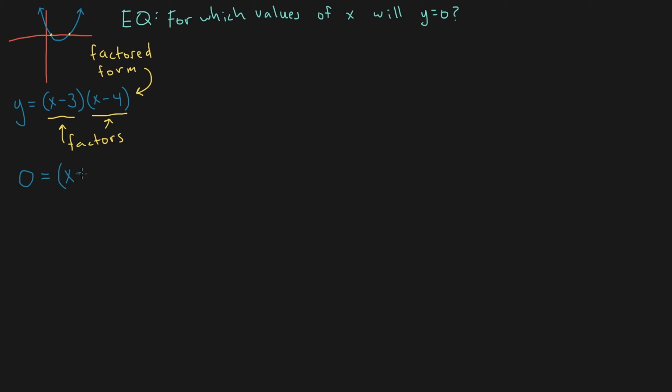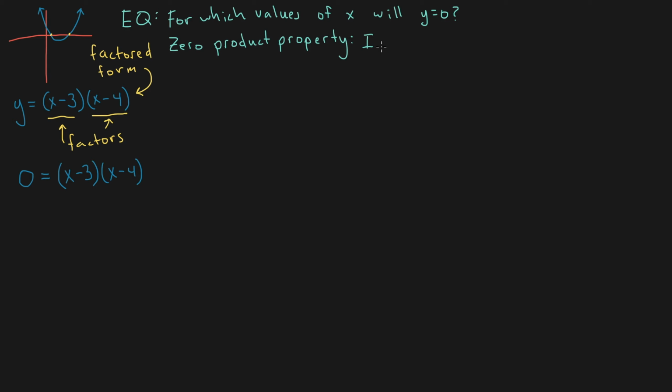And so now we have 0 is equal to x subtract 3 times x subtract 4. So now there's something called the zero product property. I'll write that up here, the zero product property. And the zero product property states that if you multiply two things together and their product, or the result, is 0, then one of the things that you're multiplying together must be 0.